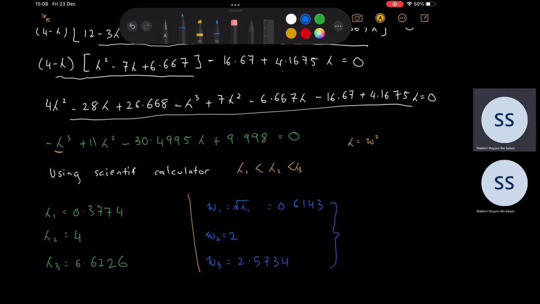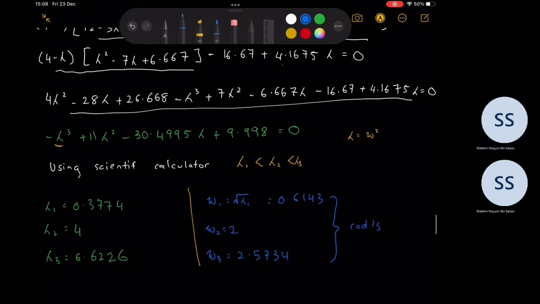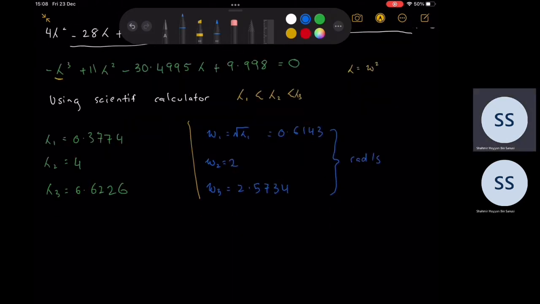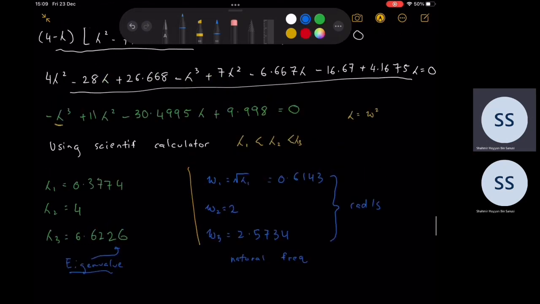Remember that the unit for omega is radian per second. Okay, so now we have identified the eigenvalues and our natural frequencies. For 3 degree of freedom, we will have 3 eigenvalues, which are lambda 1, lambda 2, and lambda 3.